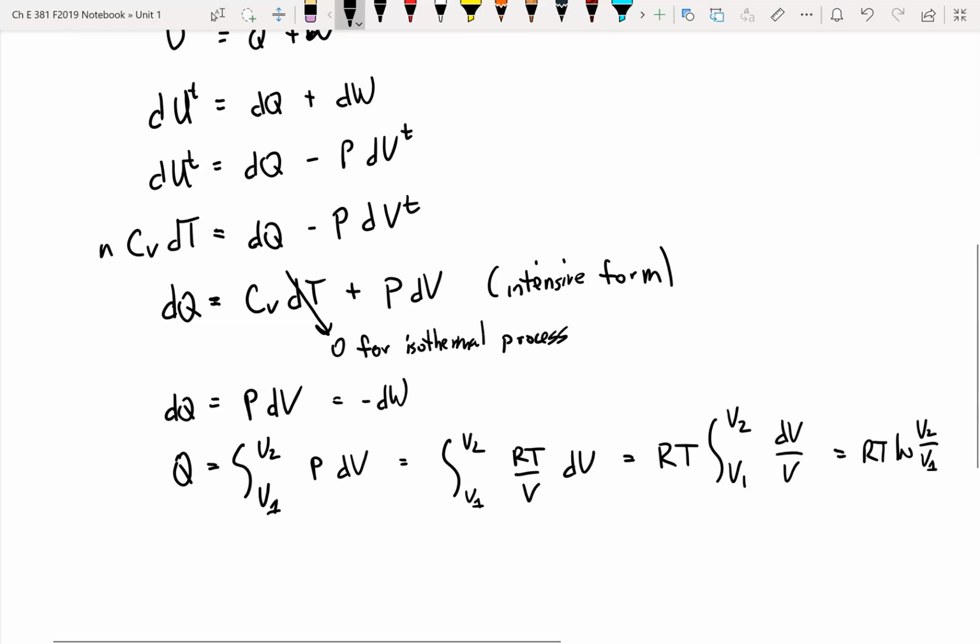And so that's how we get to Q equals minus W equals RT natural log V2 over V1. And again, you can use the ideal gas law to transform that into pressure coordinates if you prefer. It's all the same thing. Yes?